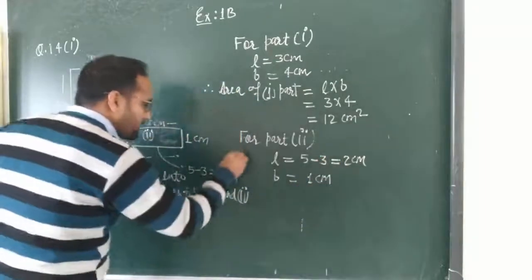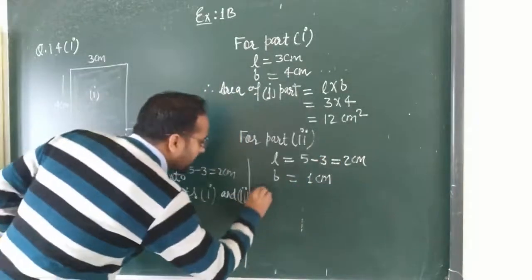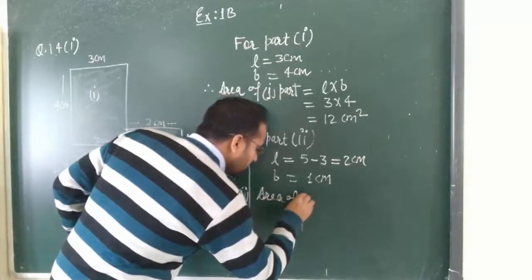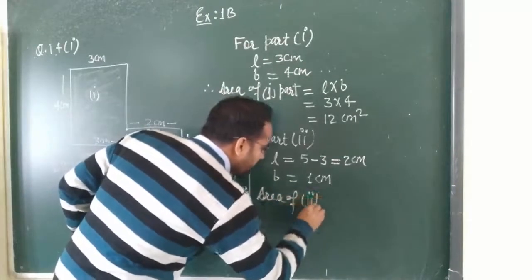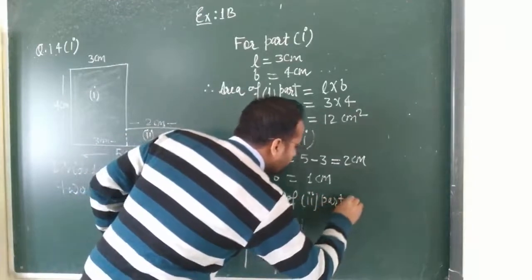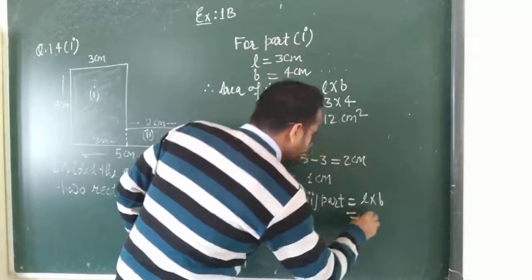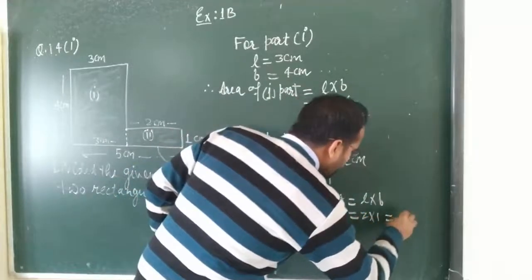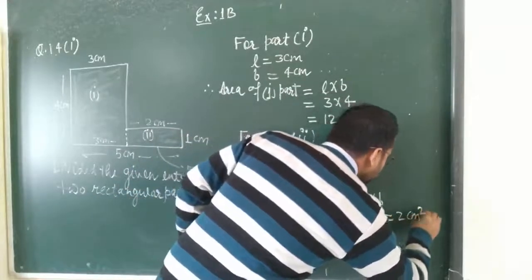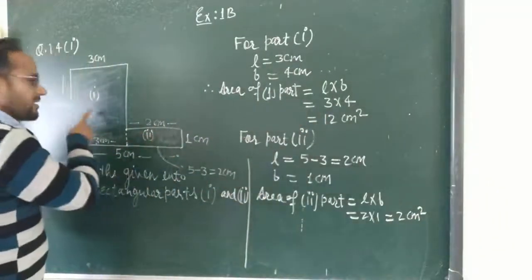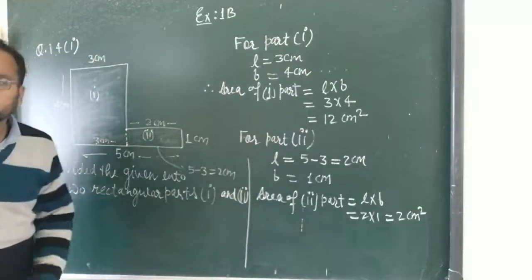So the area of the second part, which is also a rectangle, is length multiplied by breadth. 2 into 1 is 2 centimeter square. This is the area of this region, and the first is 12 centimeter square.